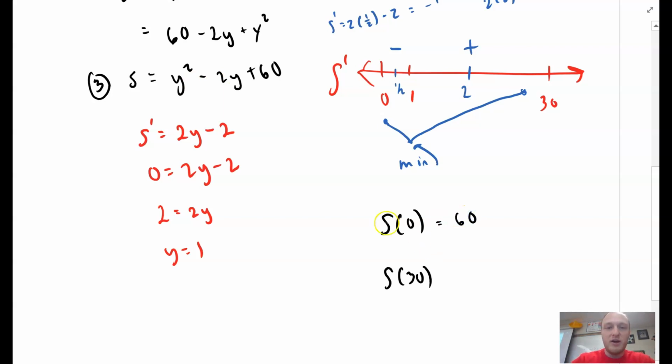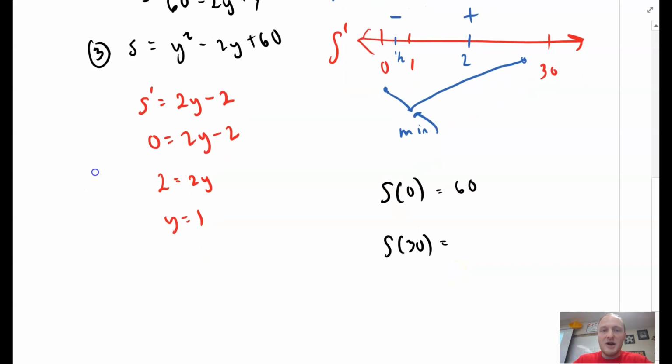If I plug in 30 for my function, whoa, much bigger: we get 30 squared, which is 900, minus 2 times y, which is 60, plus 60, so we get 900. We want a maximum, so that's looking like at 30.